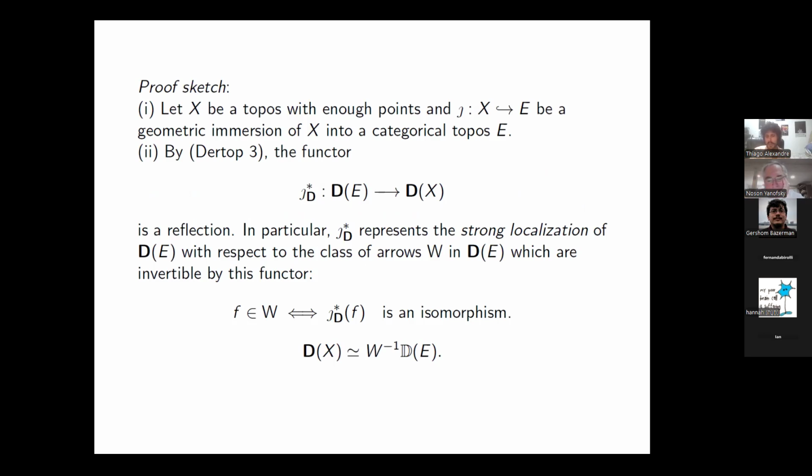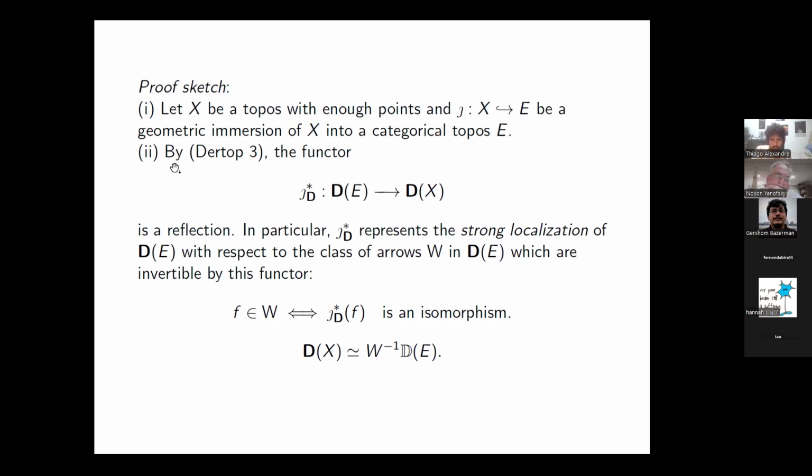It is not hard to see, but basically I try to be brief. The idea is that, let's fix a topos X with enough points. We can always consider a geometric immersion of X into a categorical topos E, right? Because this is one of the forms of Giraud's theorem, that every topos admits a geometric immersion into a categorical topos.